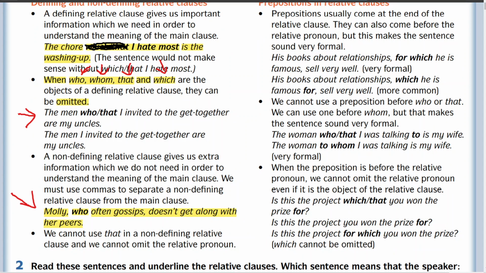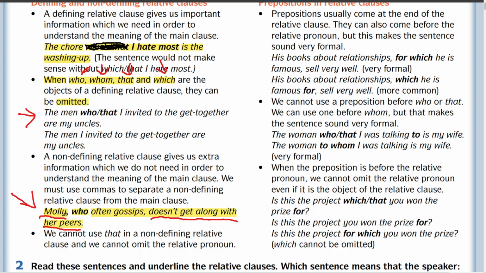Okay, so this one here is quite complicated. Okay, so you could just say Molly doesn't get along with her peers. Molly doesn't get along. Dia tak apa baik sangat dengan dia punya peers. Or peers? Dia punya rakan sebaya dia.